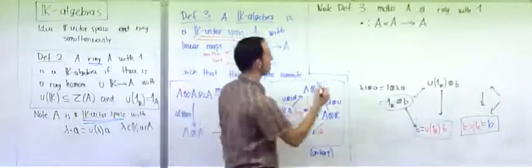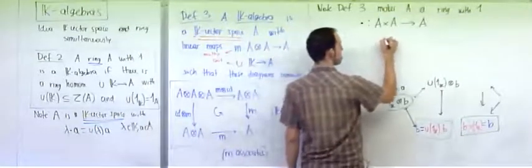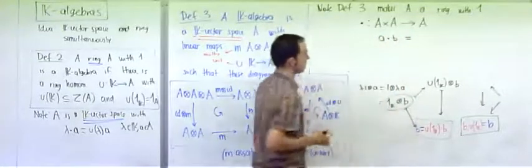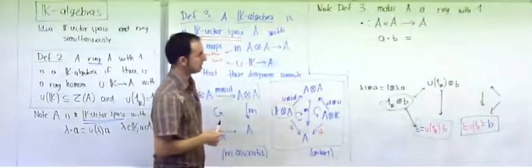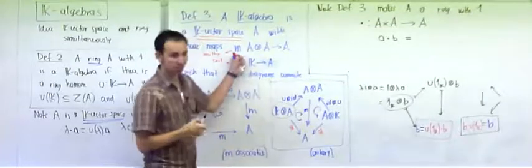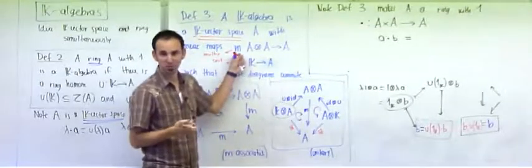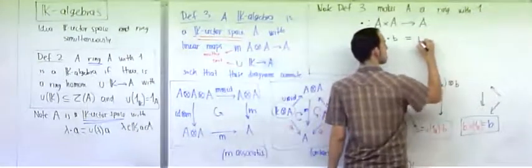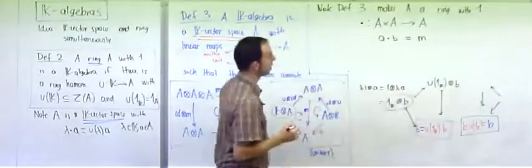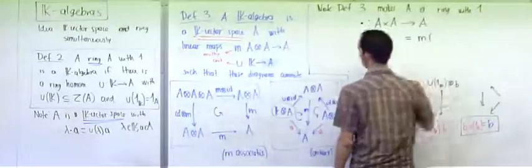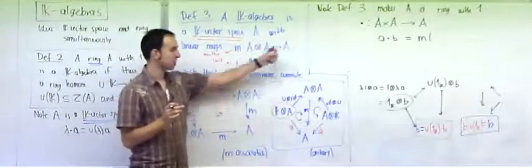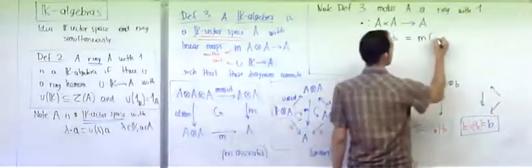How do I multiply 2 elements? Well, I should use M, right? Because M is meant to be some kind of multiplication. M of what? I have to be a little bit careful with the notation here. M is mapping the tensor product to here, so what I need to write is this.